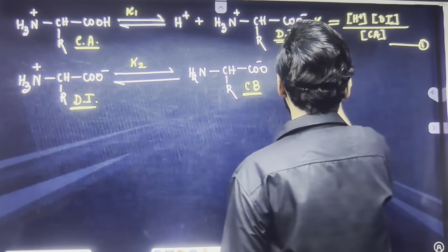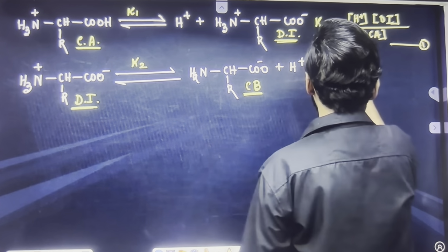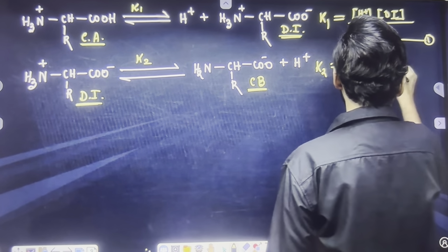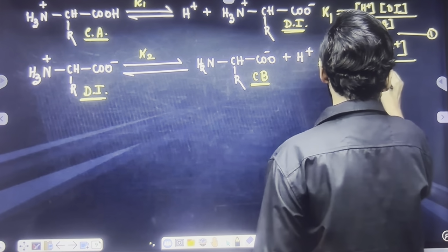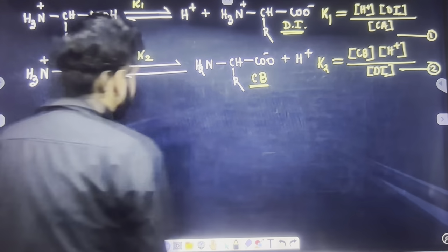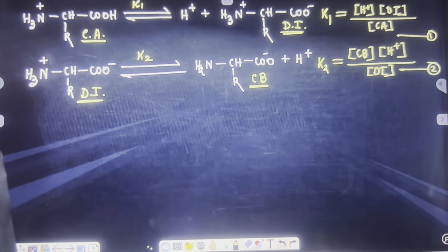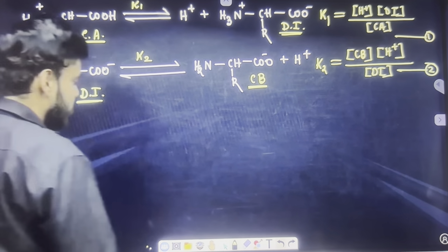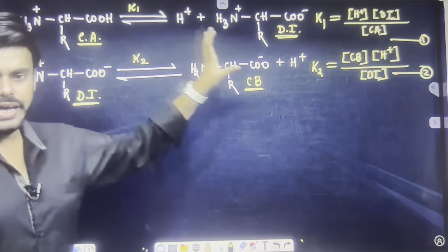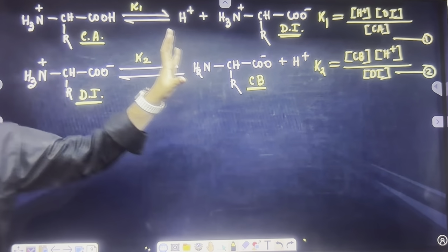And for the other one, K2 will be the conjugate base concentration into H plus concentration divided by the dipolar ion, and this is equation number 2. Clear? Now, what can we write now? When the dipolar ion is formed, look very carefully.